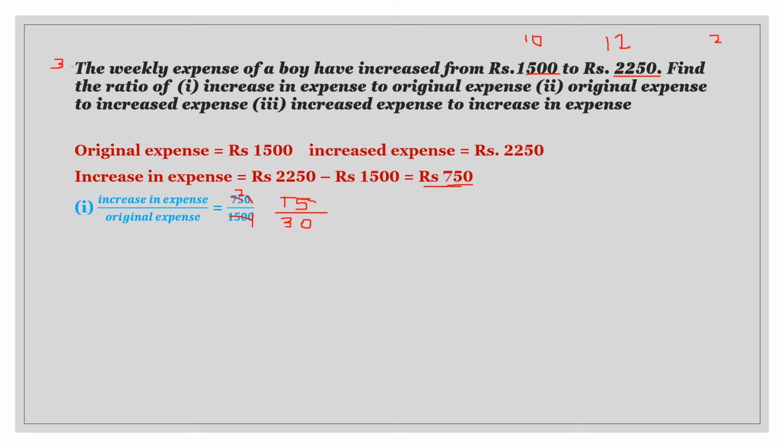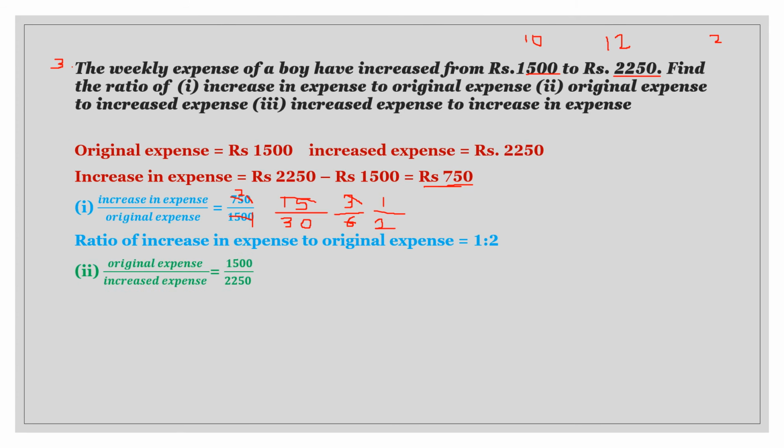Then again I can cancel. 5 threes are 15 and 5 sixes are 30. Again I can cancel by 3. 3 ones are 3, 3 twos are 6. So what is the ratio? It is 1 is to 2. So the ratio of increase in expense to original expense is 1 is to 2.